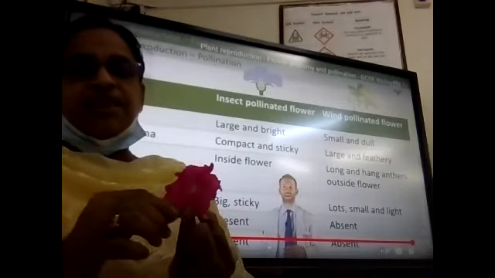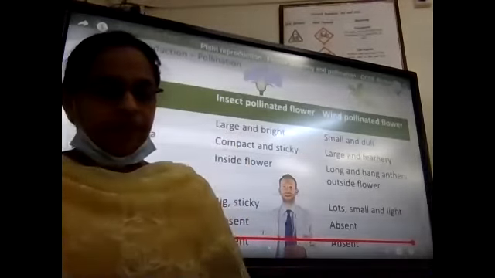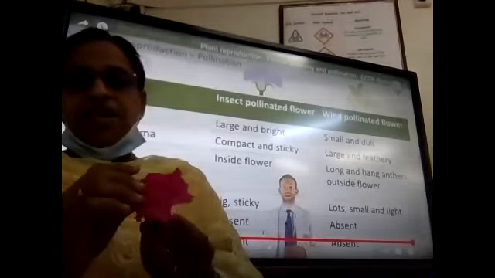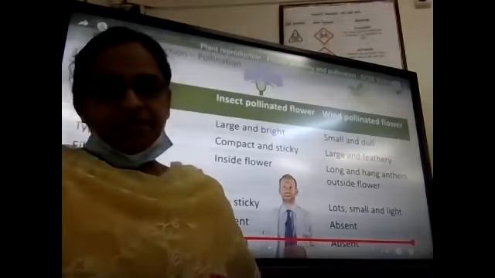So the anther is the male part of the flower in which the pollen, the male sex cell, is produced. And the stigma is the female part of the flower. Stigma leads to the style, then the ovary, where the ova, the egg cells, will be present.